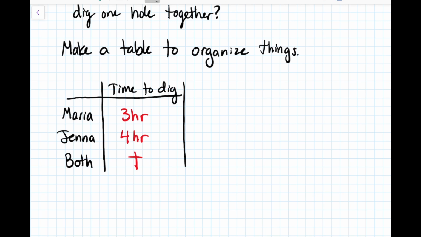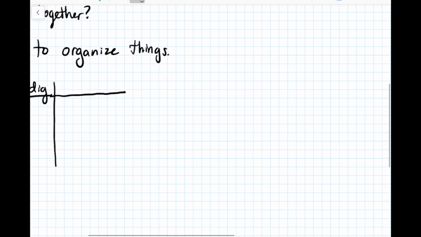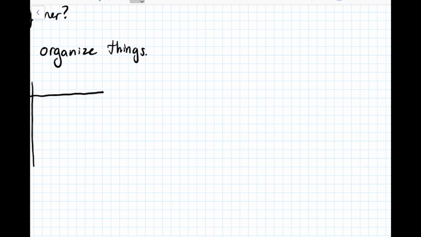So before we progress to our next step, because our table is going to have another column, let's think about that for a second. If we have a hole, a hole looks something like this. For Maria, it would take 3 hours to dig this entire hole.